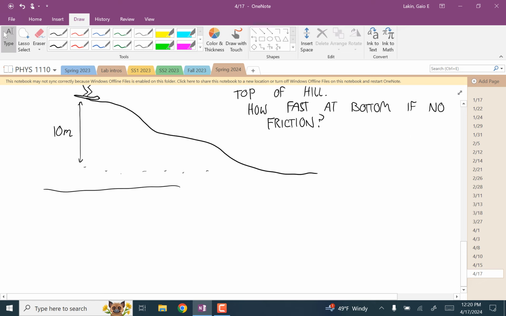So now we're going to think about the forces. If we draw a free body diagram of the skier, at some point during the motion, there's a weight force. There's a normal force. It says there's no friction. mg is a conservative force, so that's fine.